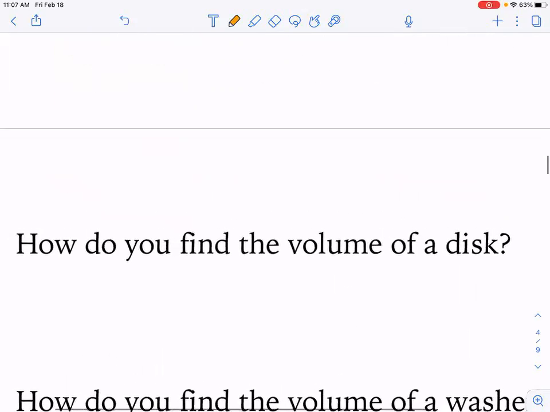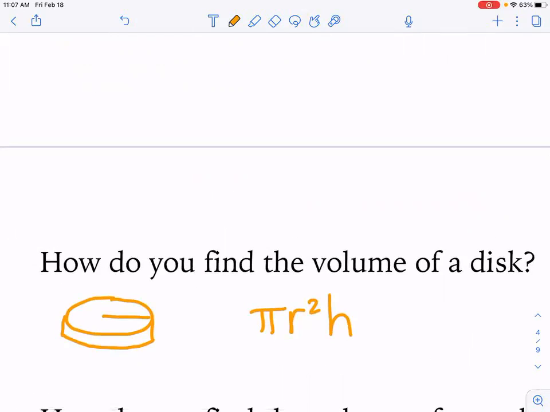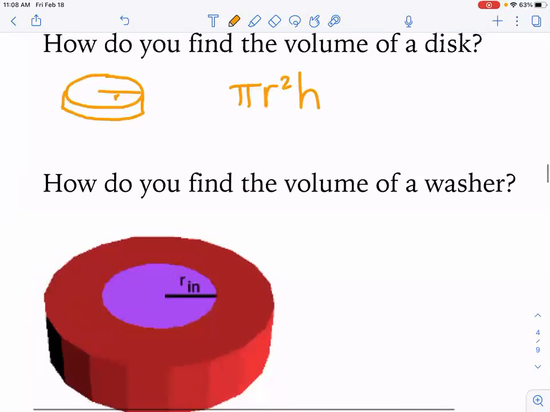How do you find the volume of a disc? Pi r squared h. So right now I'm just talking about a disc. Okay. Pi r squared h. Now, and remember, you still don't have to write anything down right now. Okay, it's fine.